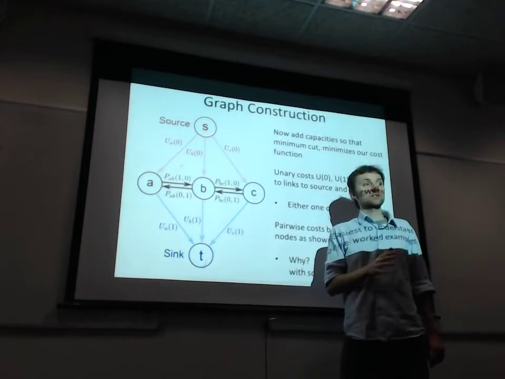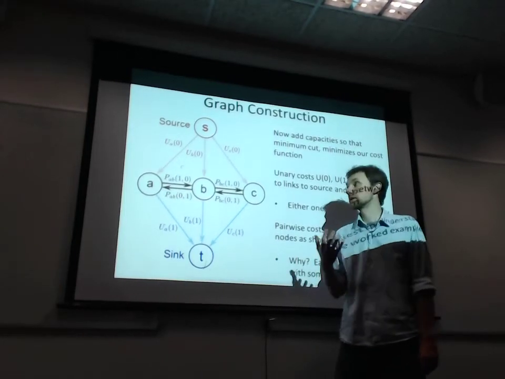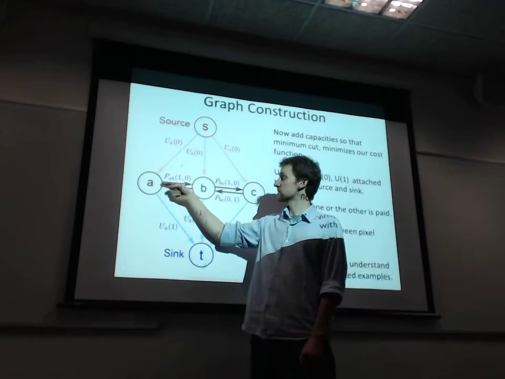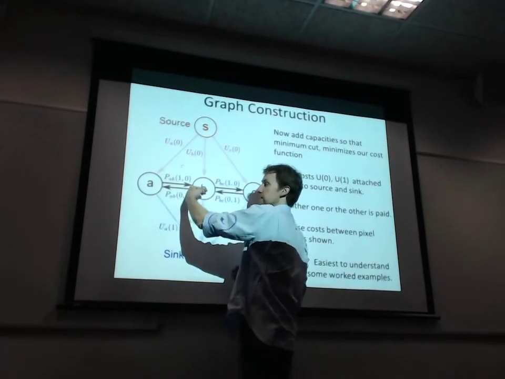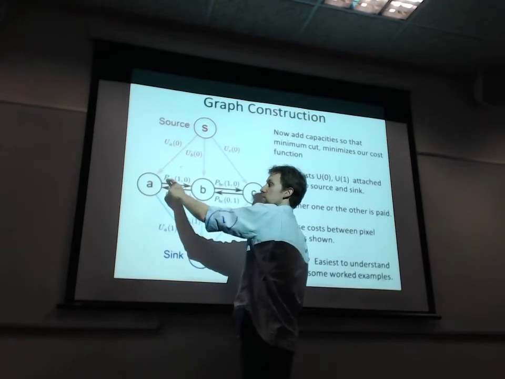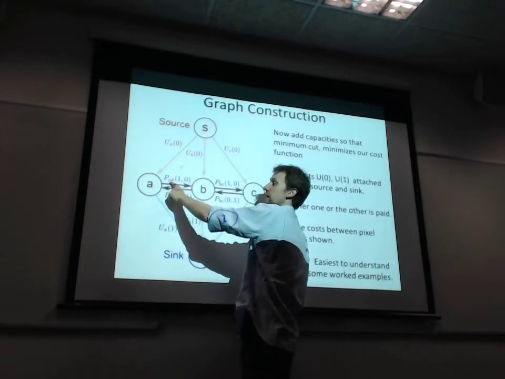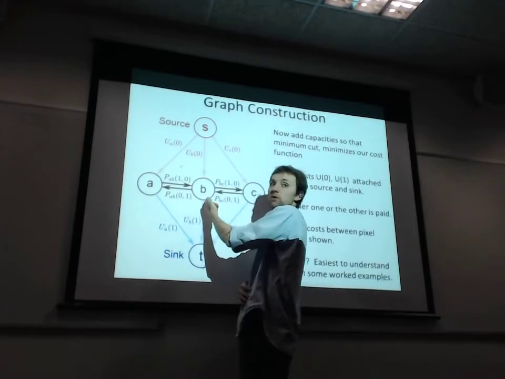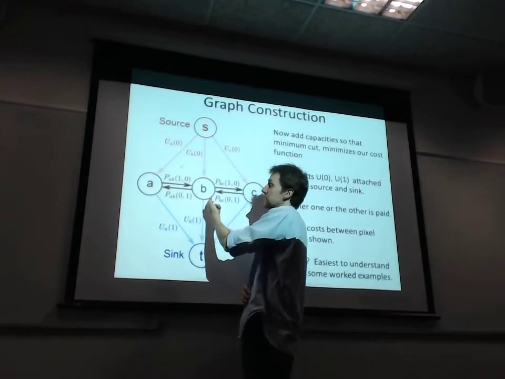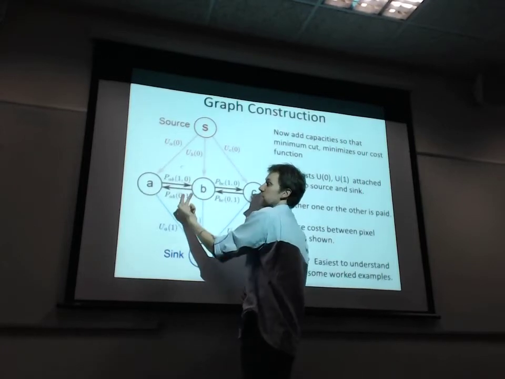Then we have pairwise costs, and if you ever get confused about this, just keep in mind, between nodes A and B, you're going to have an arrow going from A to B. So that arrow is looking at the pairwise cost of A and B being in configuration 1 and 0. Obviously, for the other arrow, it's going to have to be the other way around.